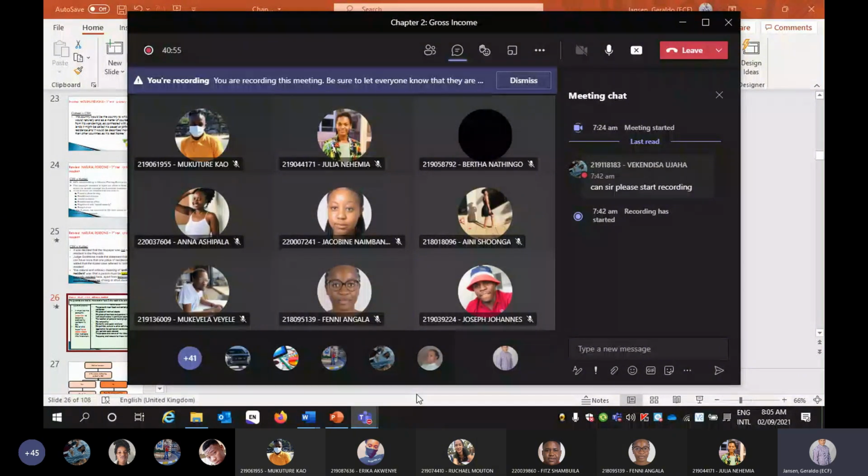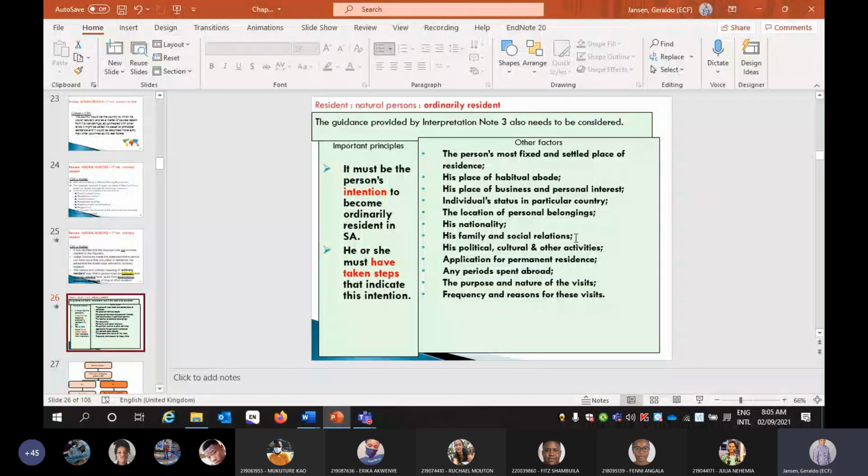His nationality. So guys, we can also look at the nationality. Okay, are you South African? Are you American? However, once again, I just need to highlight, you cannot just rely on one of these factors, okay? His family and social relations.